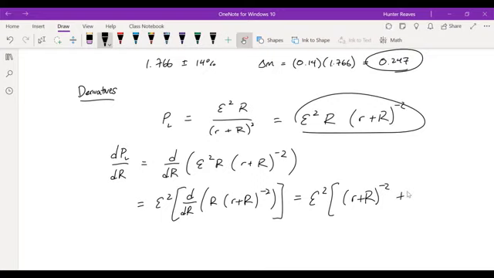And then you're going to add the derivative of the second term times the first term. So I'll go ahead and write the first term here, R, and then for the second term we'll pull down the exponent, say minus 2, times r plus R, and then now here's where some students get confused.